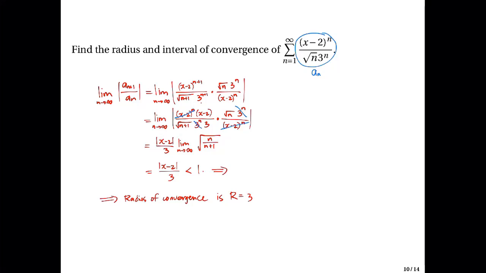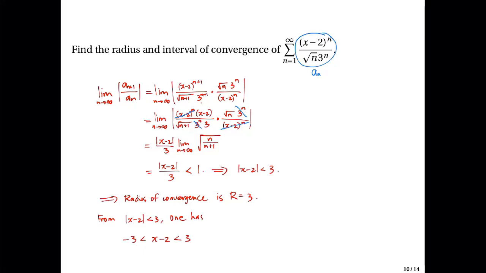Let me write that detail. This inequality implies that the absolute value of x minus 2 is less than 3. So yes, r equals 3. For the interval, from absolute value of x minus 2 less than 3, we have negative 3 less than x minus 2 less than 3.